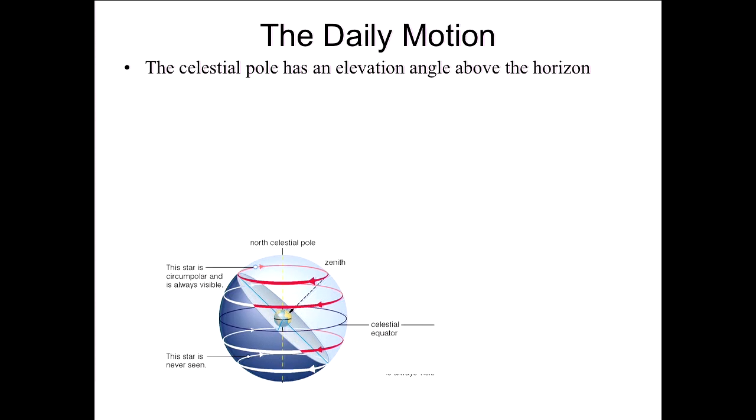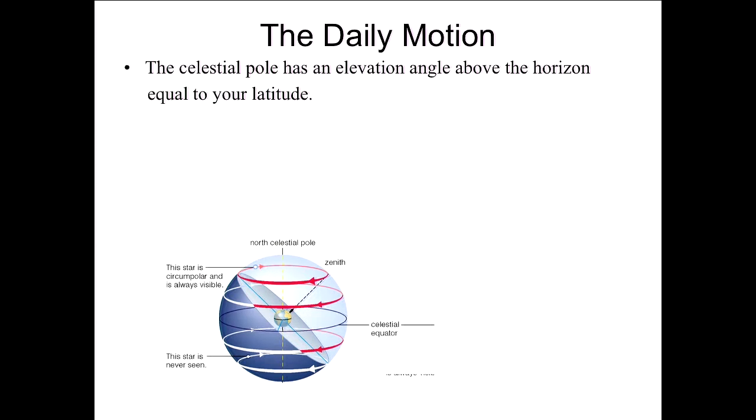So that's pretty cool. You can see, for example, and this is a very interesting point, that the North Celestial Pole has, as I mentioned, an angle above the horizon and an angle from the zenith. It turns out the angle between the North Celestial Pole and the horizon, that elevation angle, is equal to your latitude.